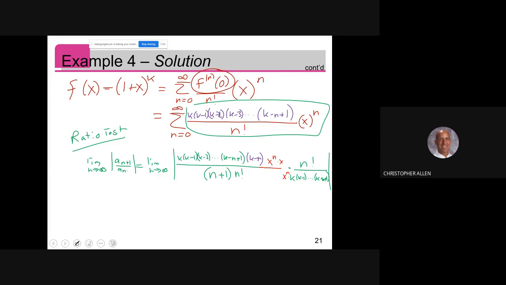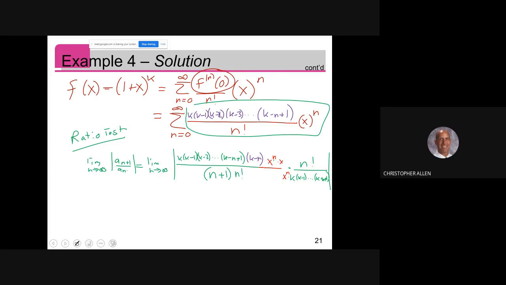Okay. Now, what's going to cancel? Almost everything, right? All of this green stuff's going to cancel. All these k's are going to cancel all these k's except for the purple one, right? That x to the n will cancel this x to the n. The only thing we'll be left with is x in the numerator.